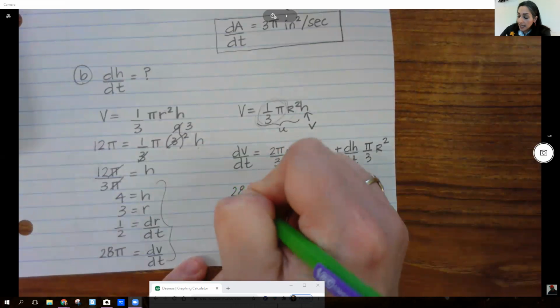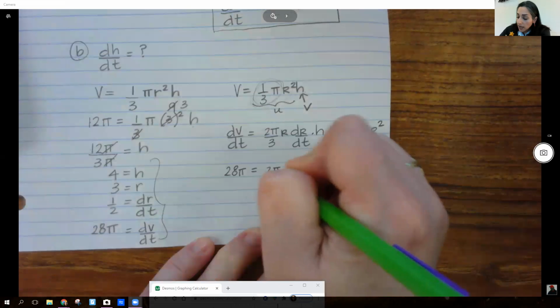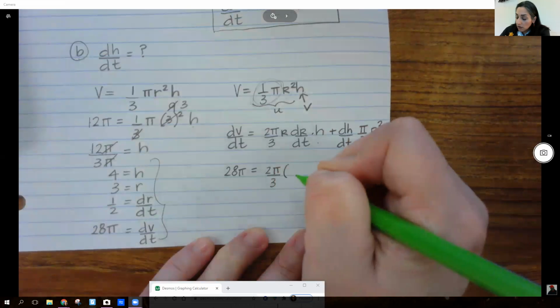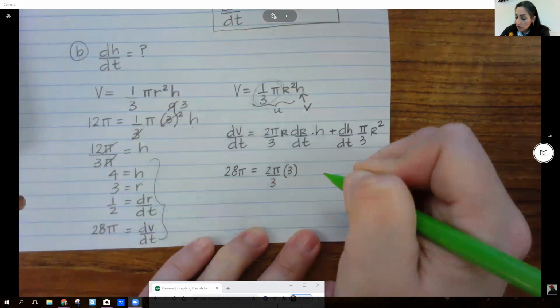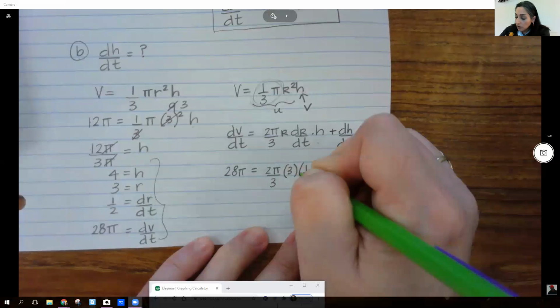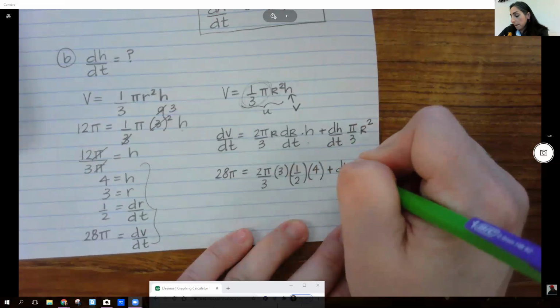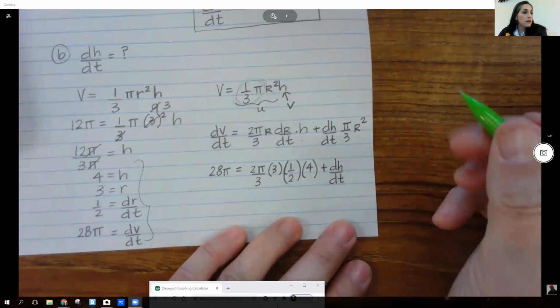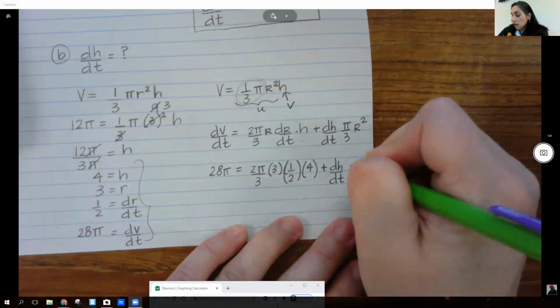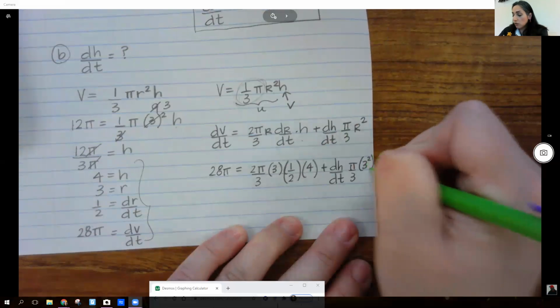Okay, now you're gonna plug all this information into this. So 28 pi equals 2 times pi over 3 times 3 times 1/2 times 4, goodness, plus dH/dt times pi over 3 times 3 squared.